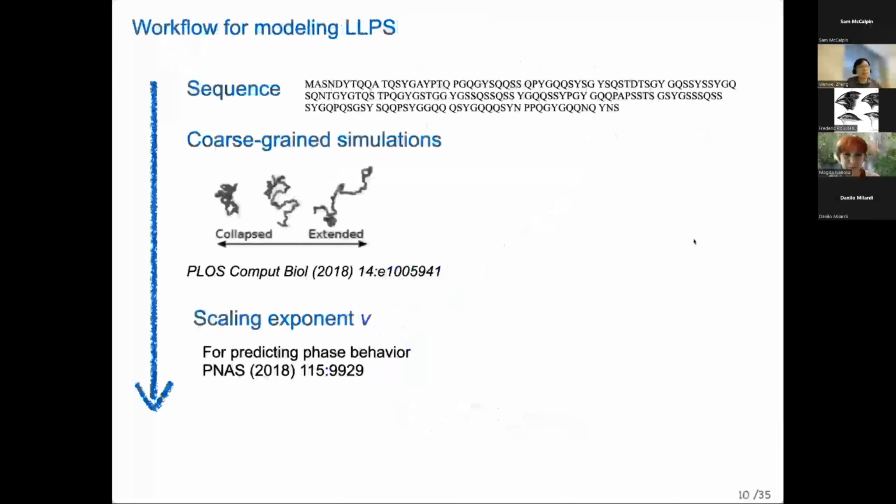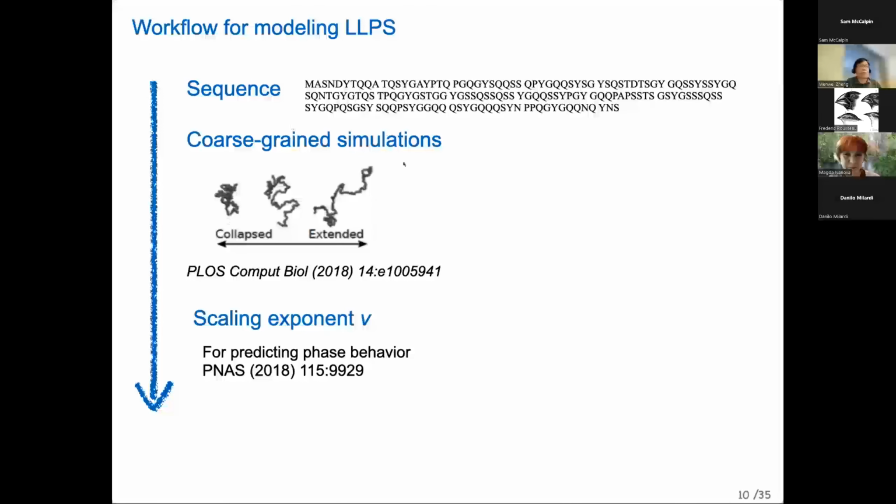So that means we now have a very nice workflow for predicting liquid-liquid phase separation and the critical temperature. If we start from a sequence, we can run coarse-grained simulations using the slab simulation method and obtain a phase diagram, or we can directly save the trouble.